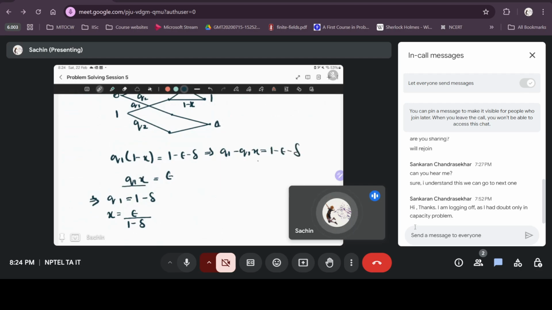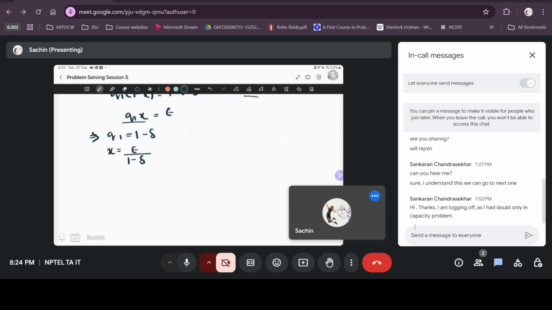I just substituted Q1 X here. Now in the second channel, Q2 Y equals delta, and Q2 is 1 minus Q1, so it's delta. So Y equals 1.